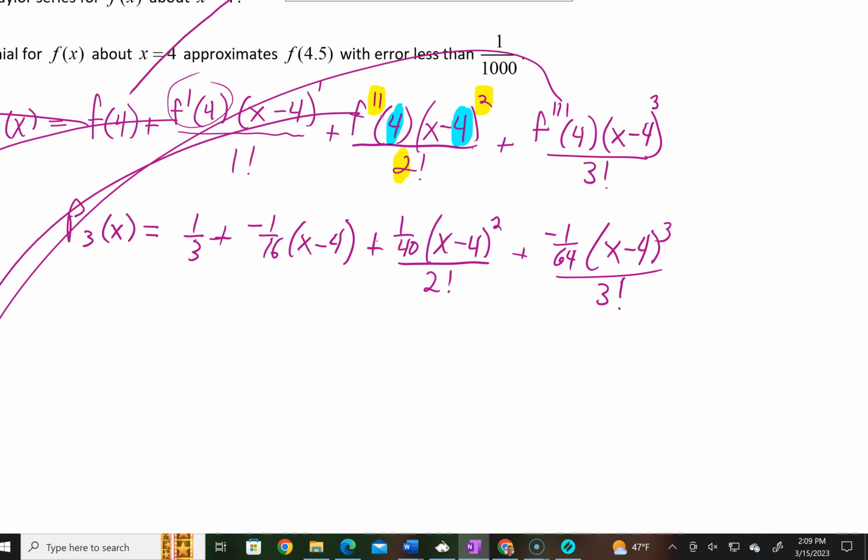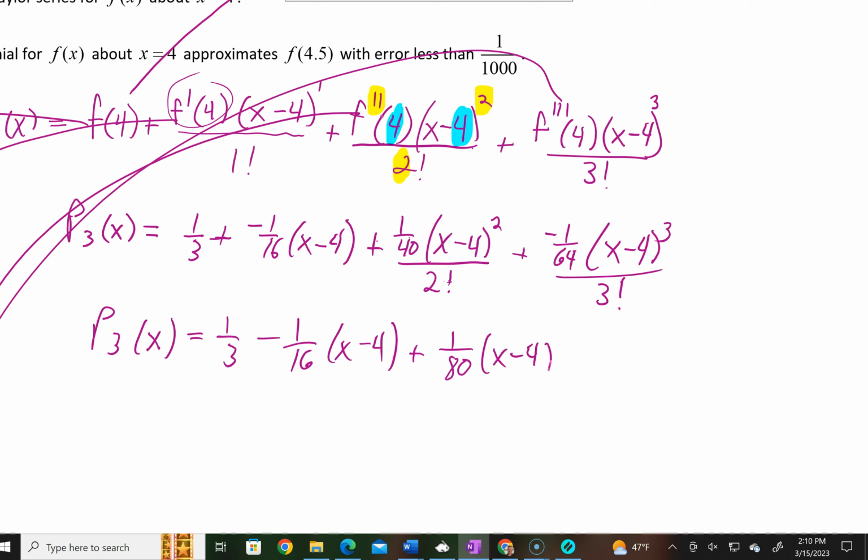Guys, that is your third degree Taylor polynomial. But I'm going to clean it up maybe just a little bit. Okay? Do you actually have to clean it up? Surprisingly, by the way, there'd be a 2 down here, bring down the 40. That would really get you 1 over 80, if you think of it that way. You could have left it simplified or unsimplified like that.